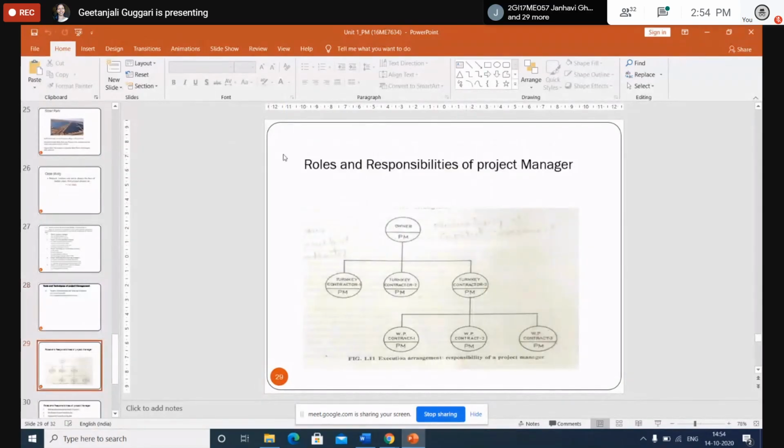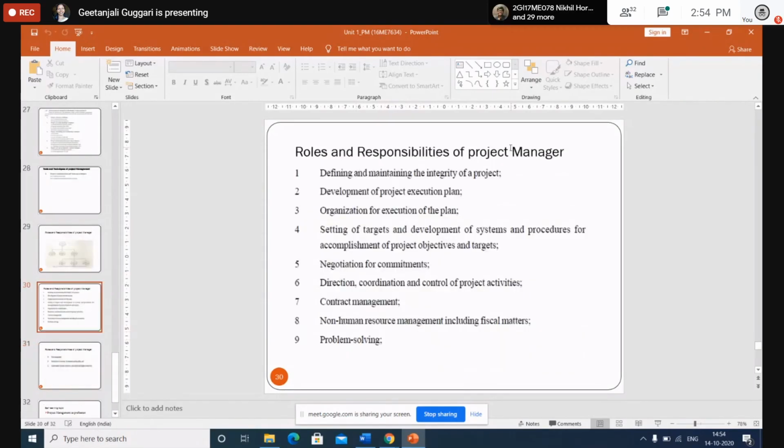Then comes the roles and responsibilities of a project manager. Already we have discussed this with the flow diagram. The owner of the project will be there, and that will be broken down to the work in progress contractor. So what are the roles and responsibilities when you take the position of project manager?